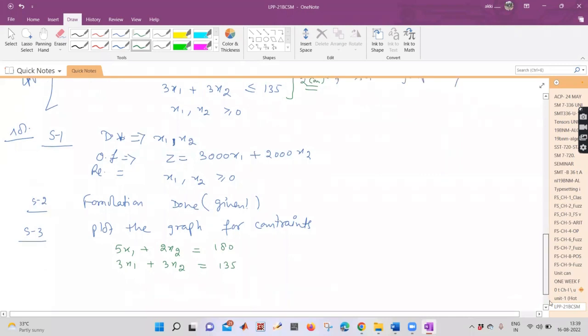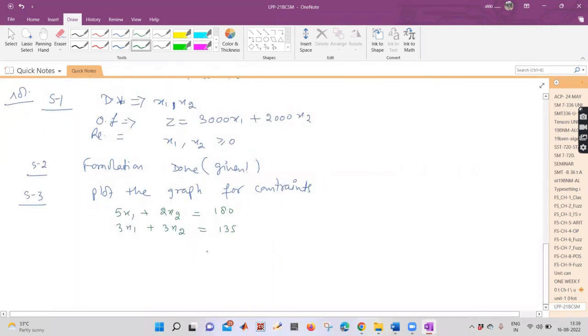So we'll solve it like this. These are your given constraints. Let me take this on that side, we have space here. It is 3x1 plus 3x2 equals 135.